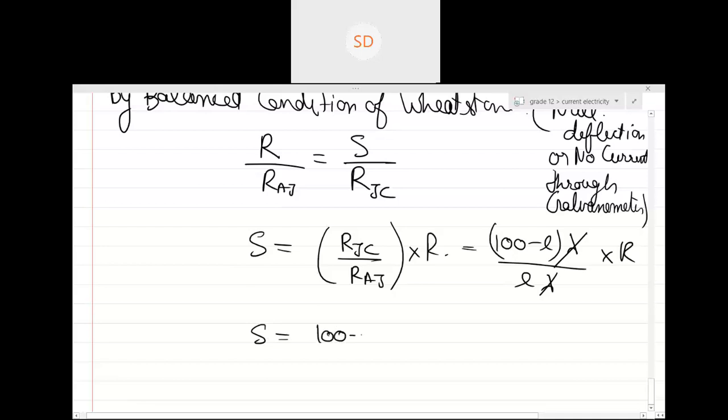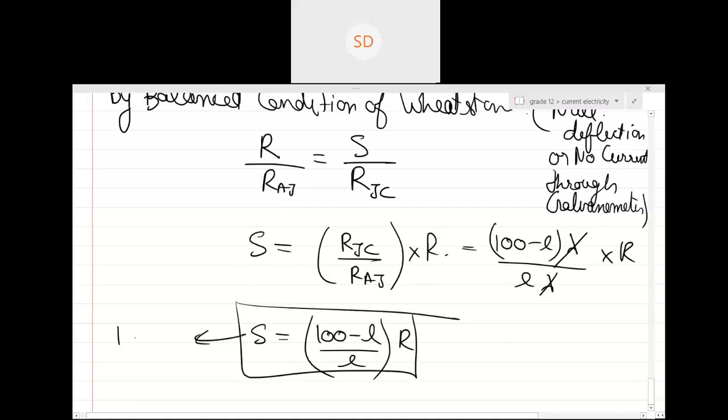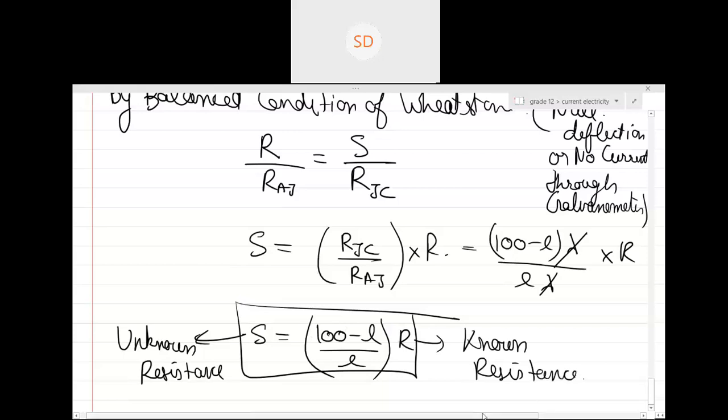You can just find out the balancing length and hence find the value of the unknown resistance using the known resistance. Is this clear, guys? So basically this is your meter bridge. Simple as that. Okay?